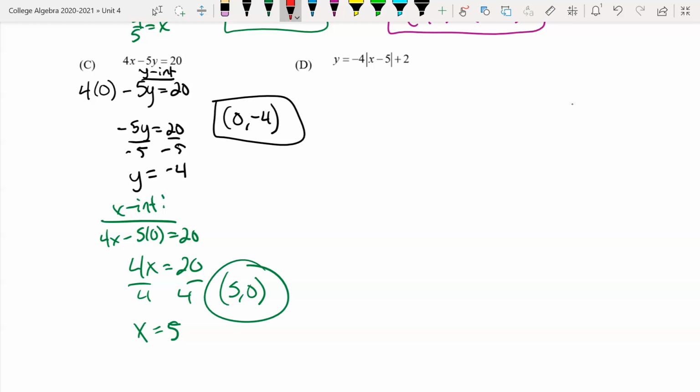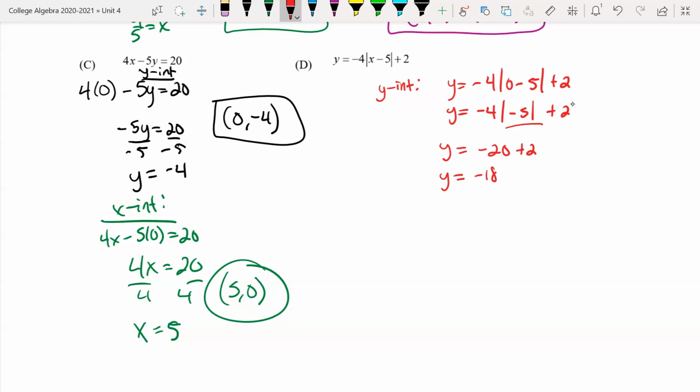Last one's a little bit harder. Absolute value. All right, so if I did this, the first one, the y-intercept's not too bad. So I would say y equals negative 4, absolute value of 0 minus 5, plus 2. So y equals negative 4, absolute value of negative 5, plus 2. This one, the absolute value of negative 5 is 5, and then multiply by negative 4 to get negative 20.